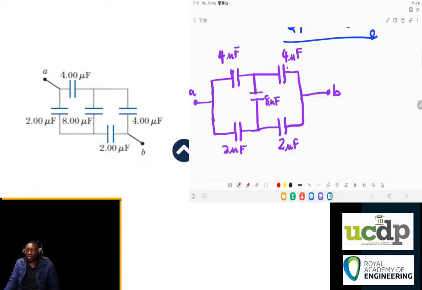Because the capacitors in the top arm are of equal magnitude, 4 microfarads and 4 microfarads, and the ones below 2 microfarads and 2 microfarads, the potential divides equally across them.